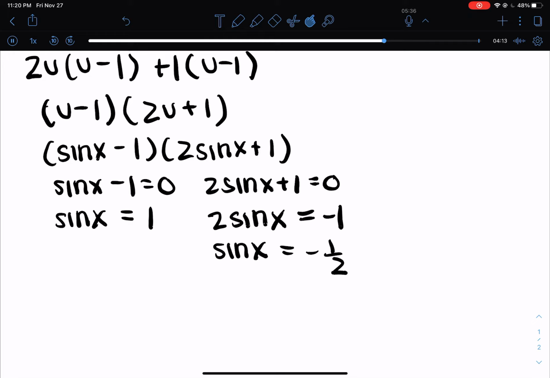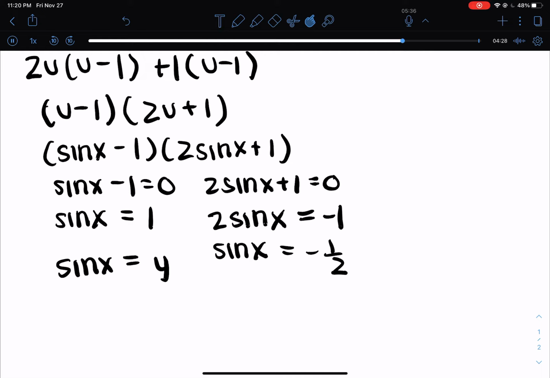So now we're gonna look at the unit circle. In the unit circle, sine x will be equal to y. So we're gonna see what values of y will equal 1 and negative 1/2.